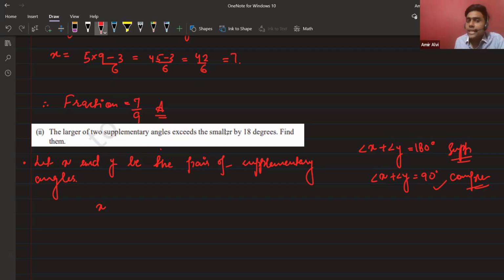How much is it exceeding the smaller by? 18 degrees. So should I add the 18 to x or y? It says that it exceeds the smaller by 18. So which thing should I do?